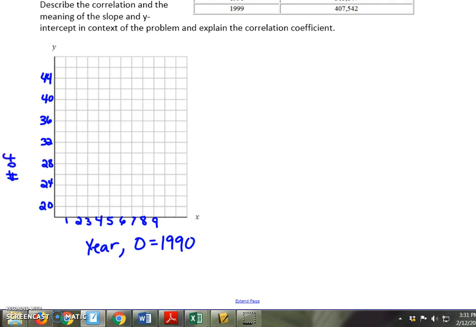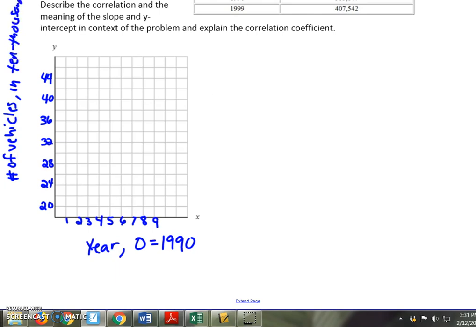And this is the number of vehicles in 10,000s. So this would be 200,000.